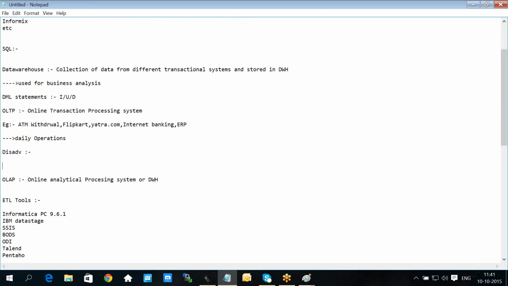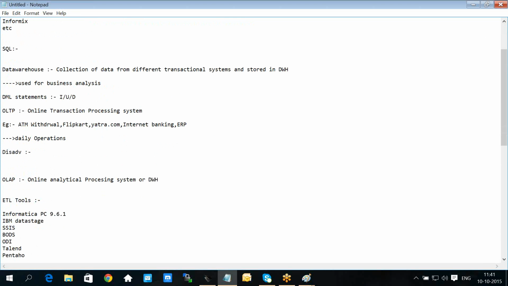What do you mean by historical data? When you go to the ATM and take the mini statement, it will hardly show you 6 or 8 transactions that you have done. But if you want to know what transactions you performed 1 year ago or 1 month ago, you will not be able to do that. So that is called historical data.